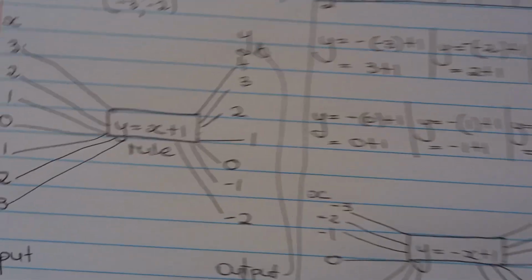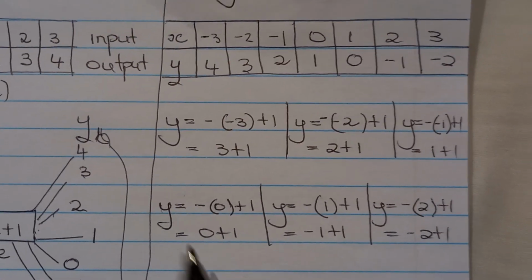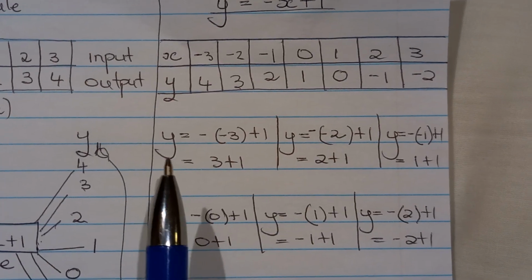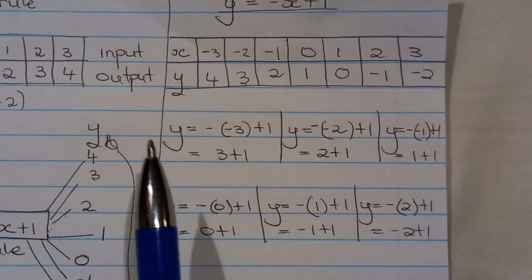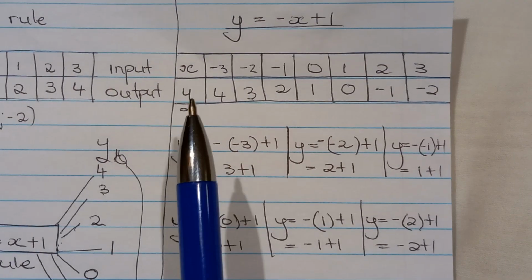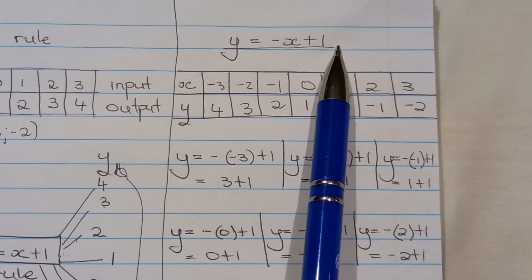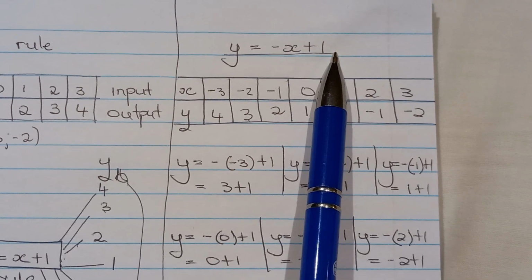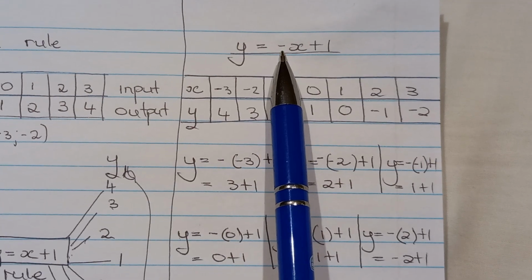Now, this one, okay. It's a bit difficult. Okay, this one. I want you to pay attention. I started with the rule y is equals to -x plus 1. Substitute, especially the negative numbers. Remember, there's already a negative there.